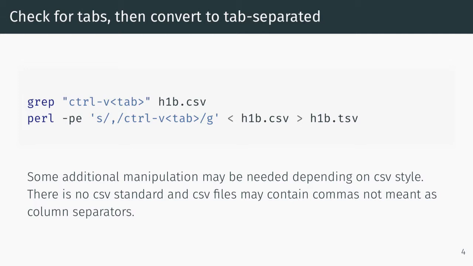If there aren't any, then it makes a good candidate for converting into tab separated values format. The second line here, the perl -pe, is a command to change all the commas to tabs in the h1b CSV file and send the output to a file called h1b.tsv.